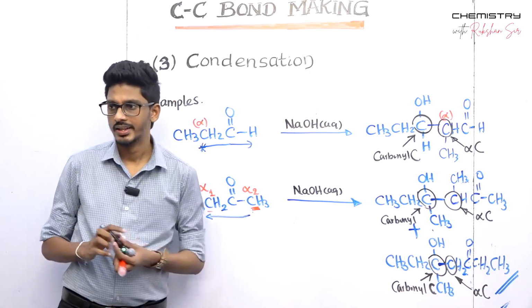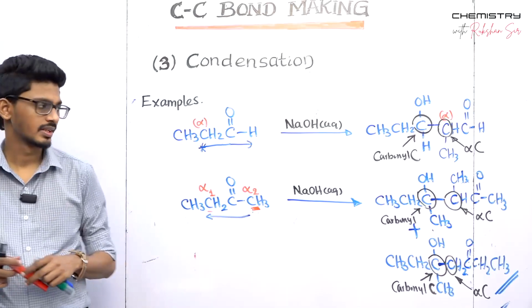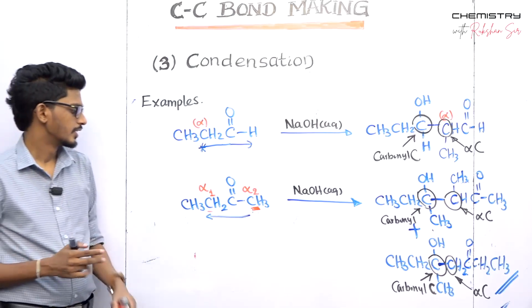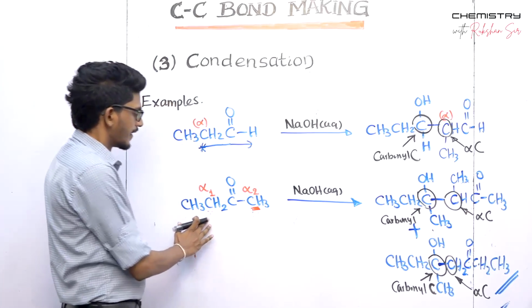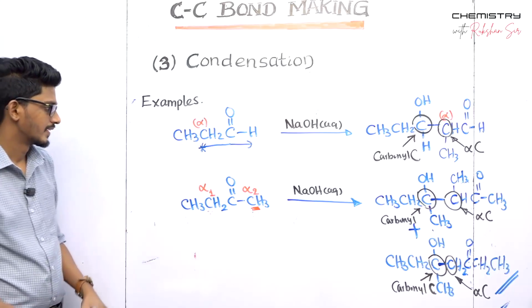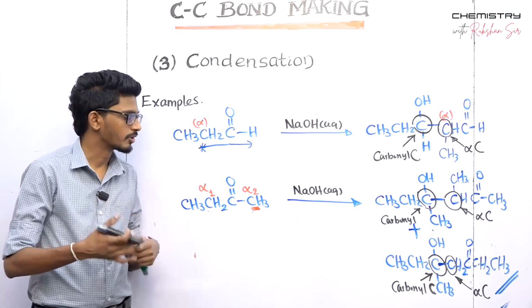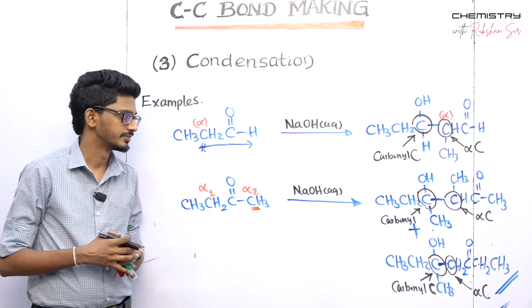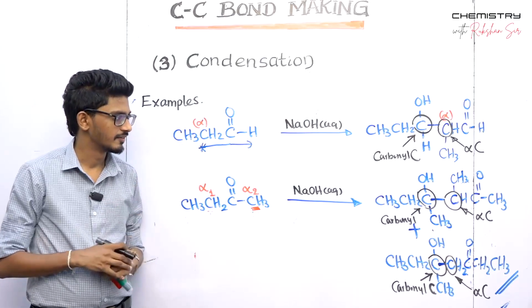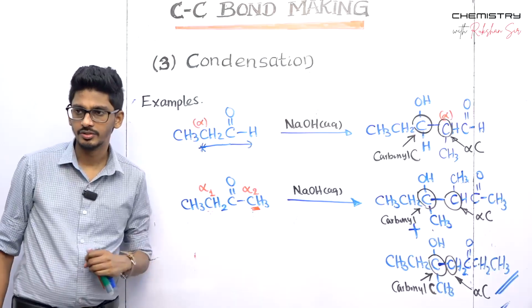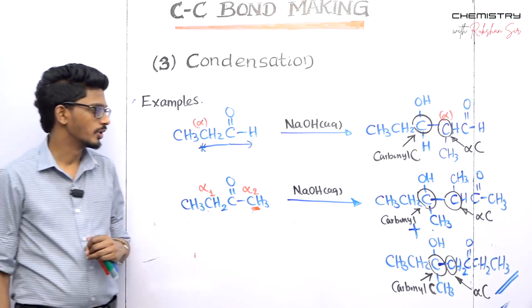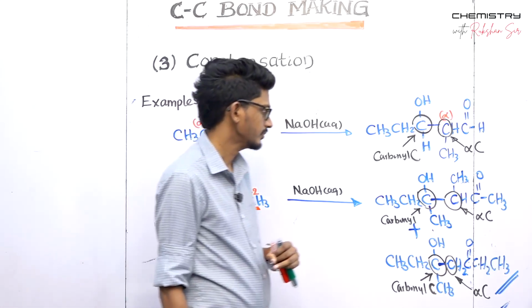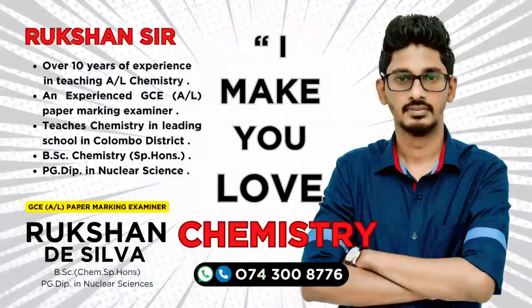Let's use this technique to come up with more carbons, or to add more carbons to your starting compound. Okay, I think you are clear with the technique, right? Let's try to do one or two example questions, right? Okay.